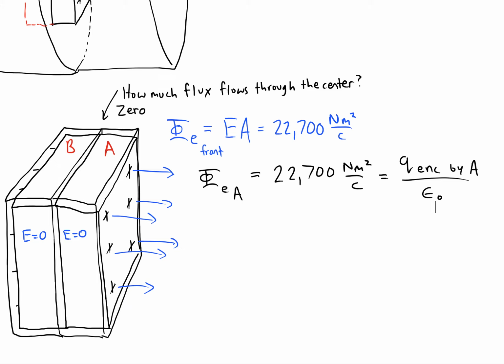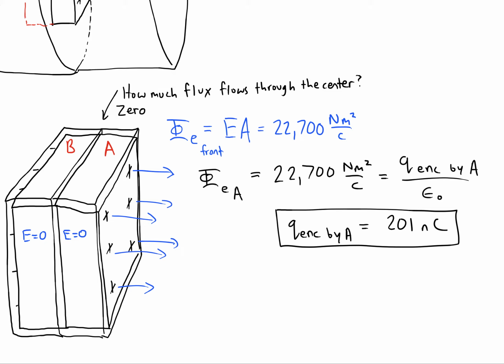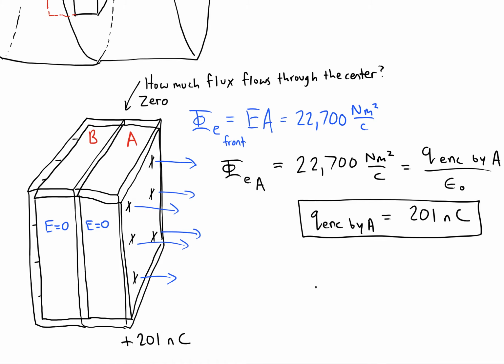So we'll multiply, and we see that the Q enclosed by A is 201 nanocoulombs. So there must be positive 201 nanocoulombs on the positive plate. And by the symmetry of the situation, there must be negative 201 nanocoulombs on the negative plate.